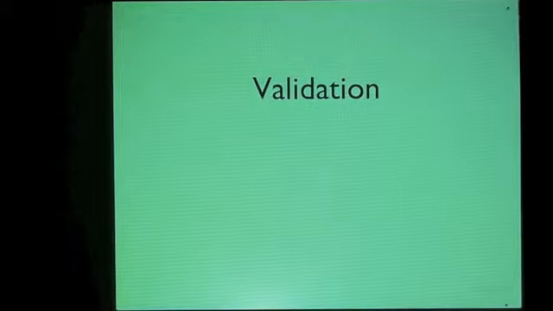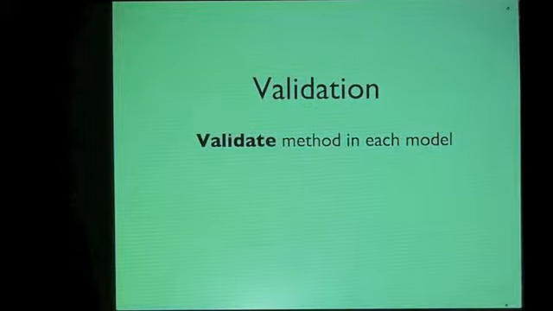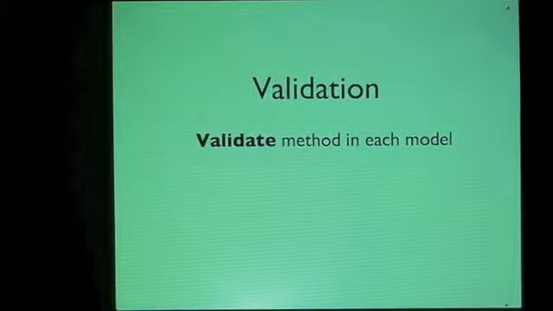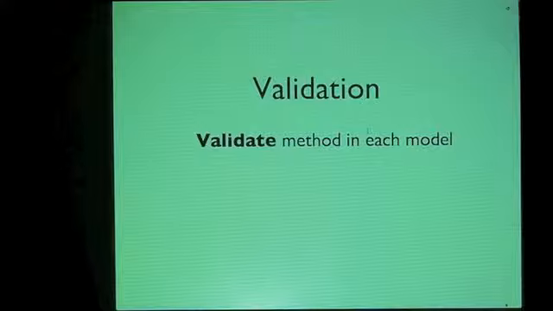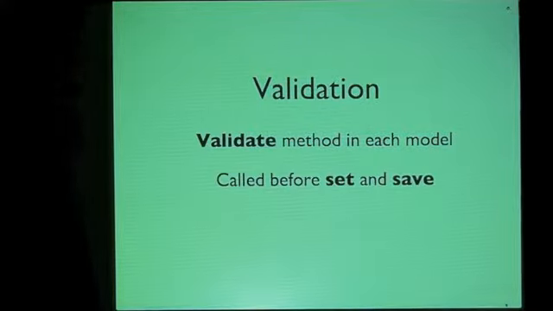Validation. The validate method exists in each model. How am I doing on time? Awesome. The validate method is on each model. It is called before each set and save operation. I have not talked about the save operation yet, and I'm deferring that until a later slide, because I don't think you guys are ready for that.